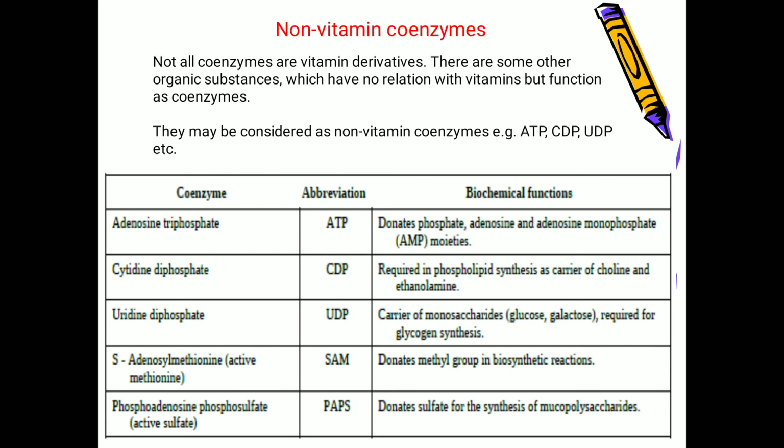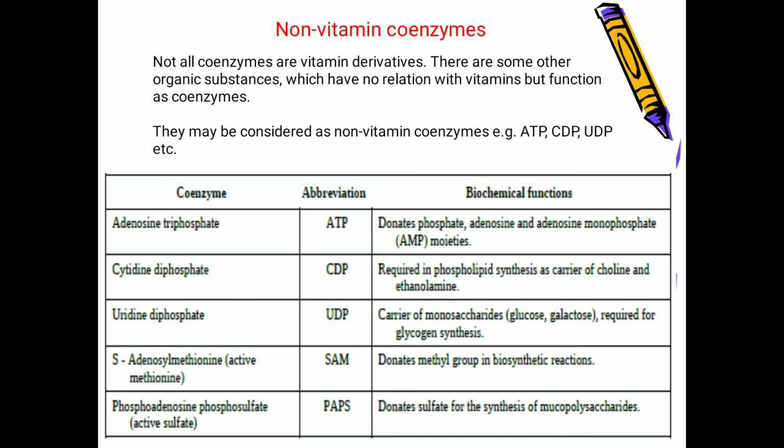Next is CDP, cytidine diphosphate, which is required in phospholipid synthesis as carrier of choline and ethanolamine. Next is UDP, uridine diphosphate, which is a carrier of monosaccharides, that is glucose, galactose, which are required for the glycogen synthesis. Next is SAM.